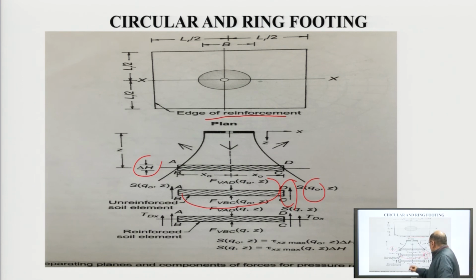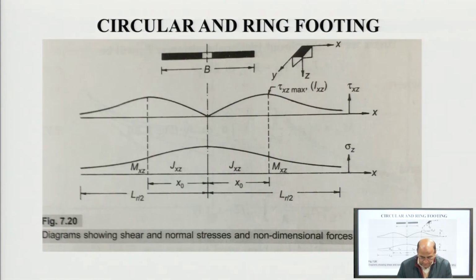Now, for the reinforced soil again VAD will act downward, VBC will act upward, shear force, maximum shear force will act upward, that depends upon the q into z, and TDx will act in the upward direction. So, we can see here this is the position.